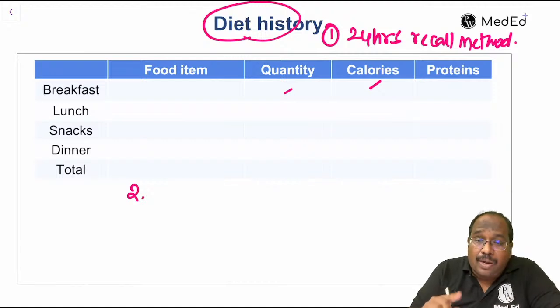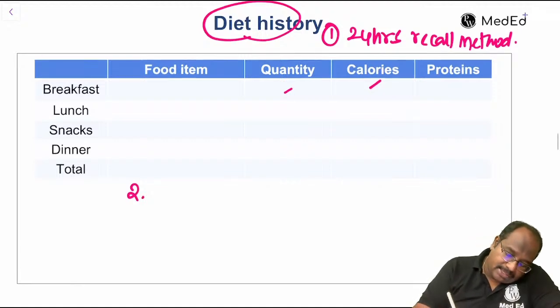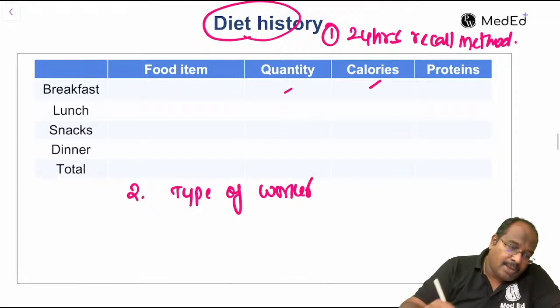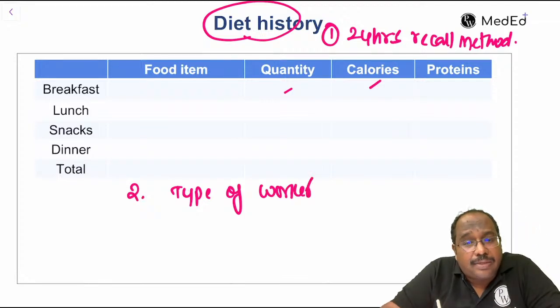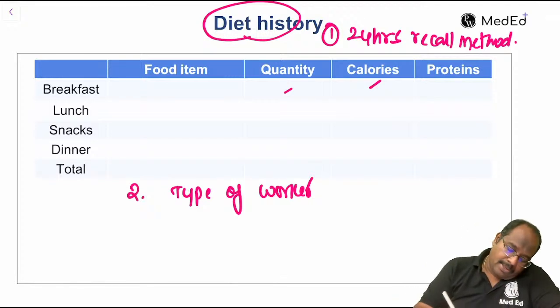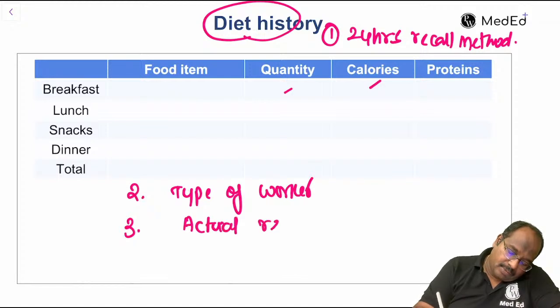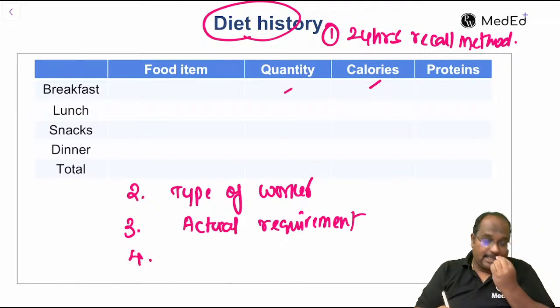Next, what type of worker is your case? Is he a sedentary worker, moderate worker, or heavy worker? Third step is how much is the actual requirement, we will see. And finally, the fourth step is how much he is taking.